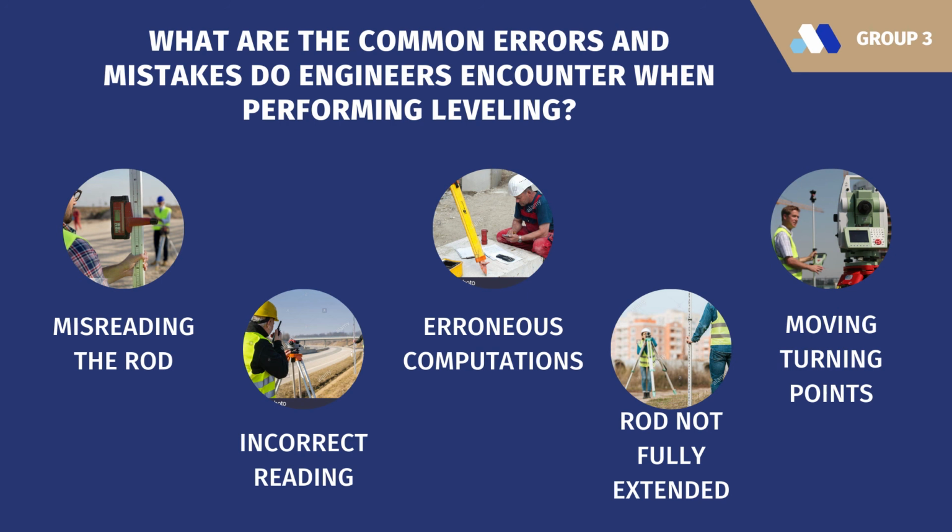Not having marked the position of your turning points, when the rod accidentally slips from your hand and assumes another position after picking it up, as you only marked the turning point with a little stone to begin with. During the calculations, there would be a difference in the measurement that will cause you to repeat your observations. And those are the common errors you will encounter in performing leveling.